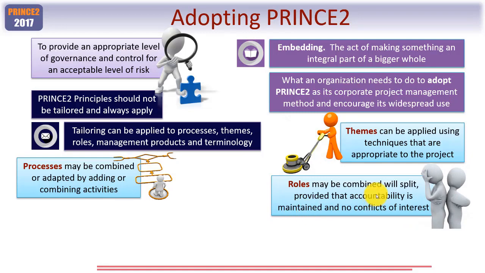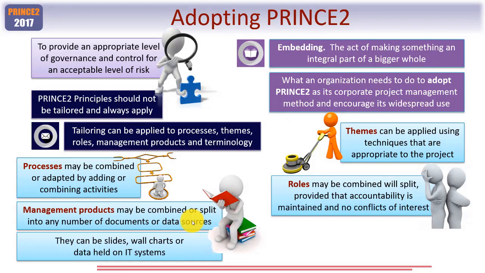Roles may be combined. You can split them, providing that accountability is maintained and no conflicts of interest can arise. Management products may be combined or split into any number of documents or data sources. And possibly a nod here towards agile and scrum techniques.